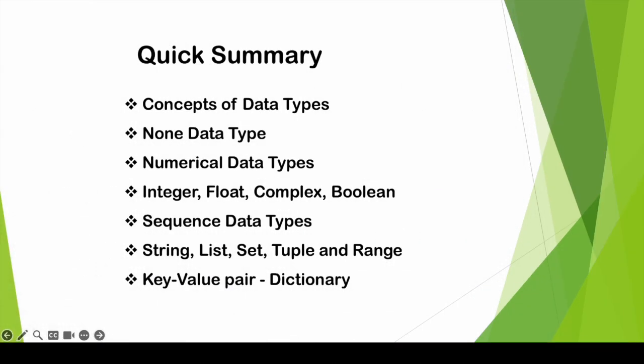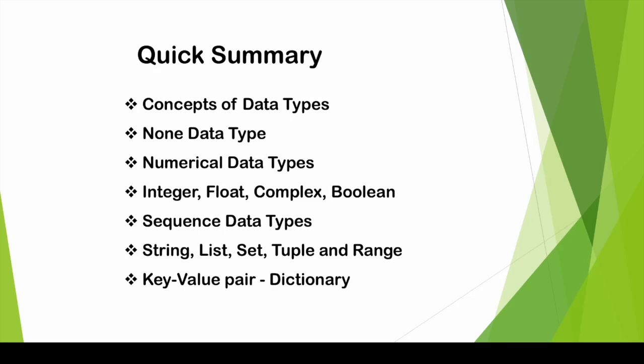So till now today we covered a good amount of ground in data types in Python. So let's have a quick summary of it. We started with the concept of data types, and then we discussed the different numerical data types available in Python like integer, float, complex, and Boolean like true, false.